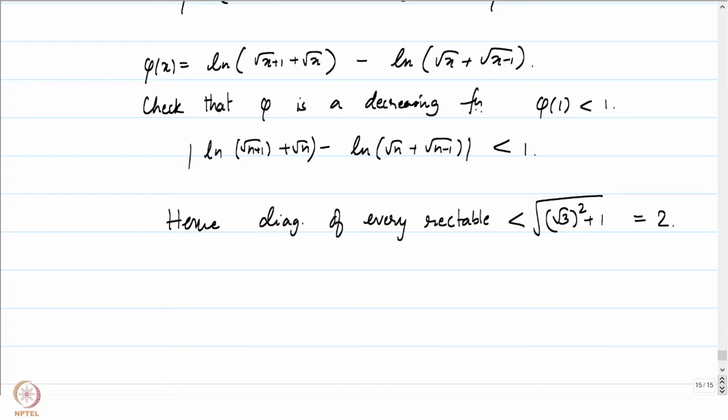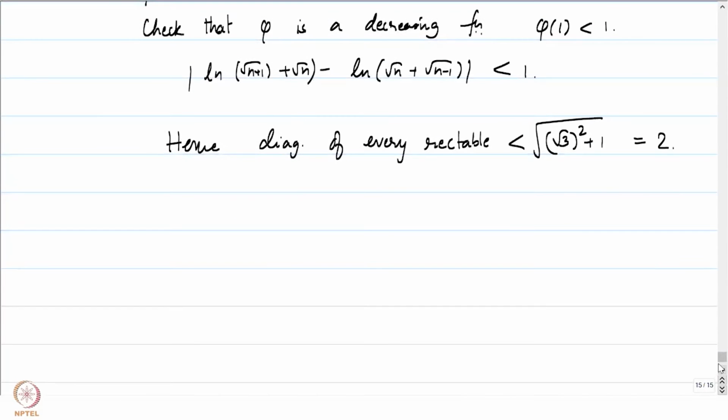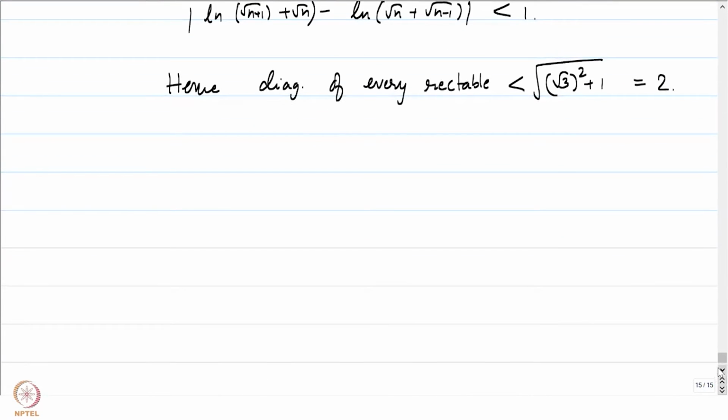And therefore, if you consider any disk of radius 1, its diagonal will have length equal to 2, and therefore it will have to intersect some point in the grid that we just have.